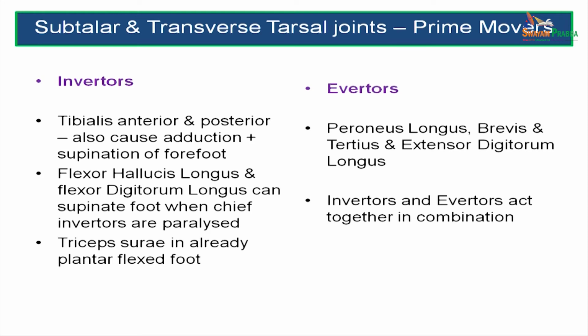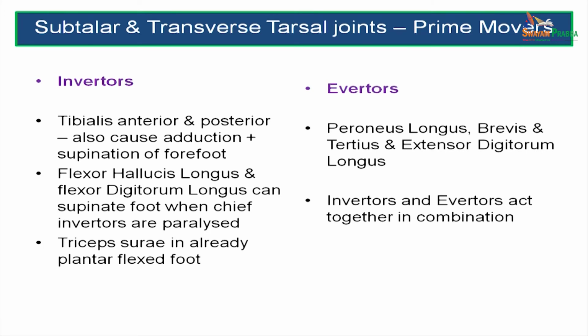Subtalar and transverse tarsal joints have muscles which move them. The prime movers of inversion are the tibialis anterior and posterior, which also cause adduction and supination of the forefoot, flexor hallucis longus, flexor digitorum longus, and the triceps surae in an already plantar flexed foot.